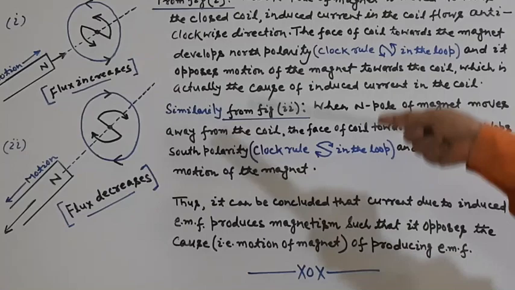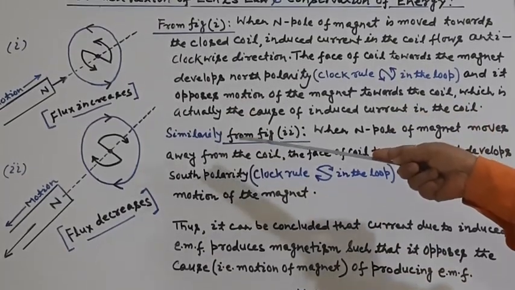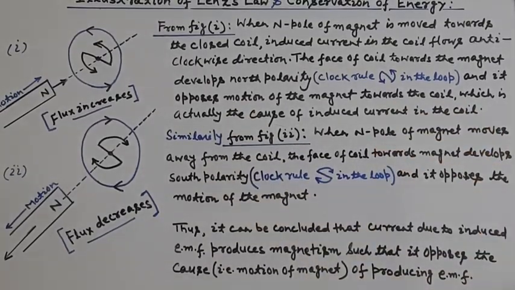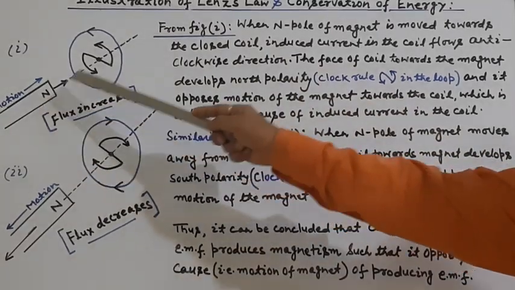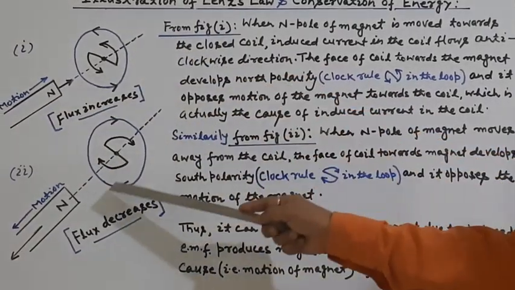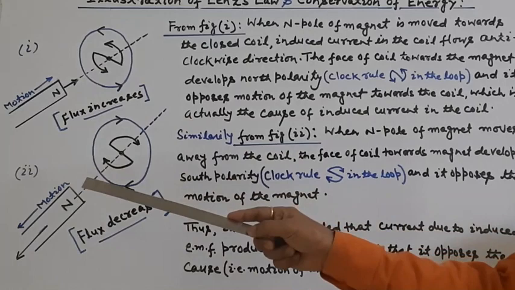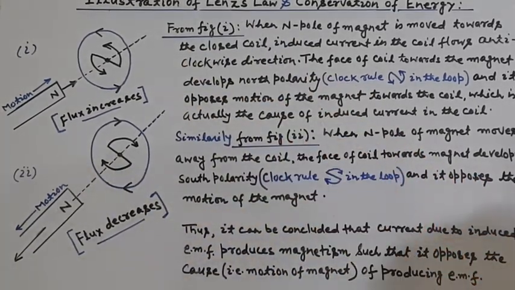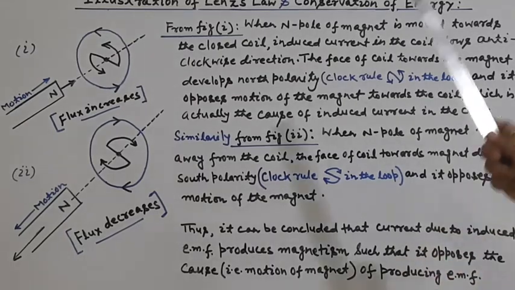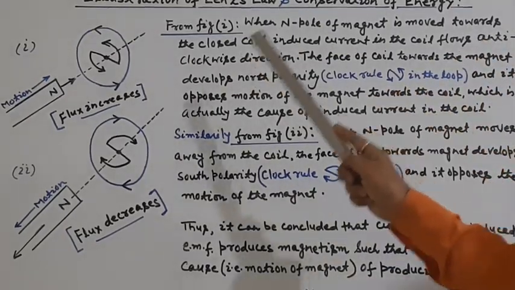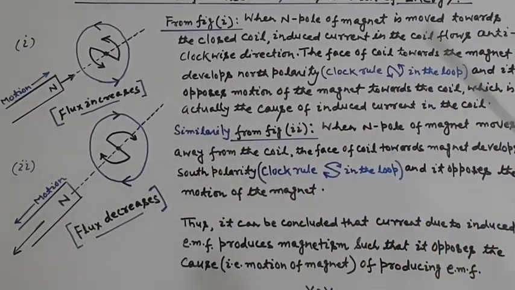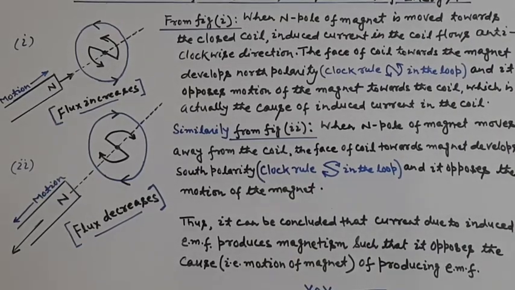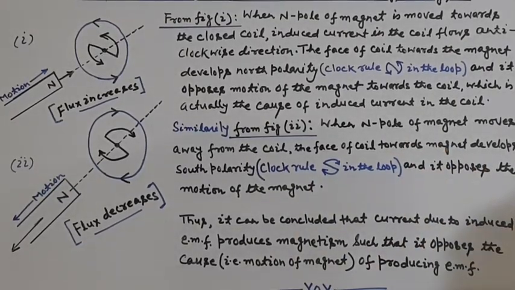With the help of these two figures, we can conclude that whether the north pole is moving towards the coil or away from the coil, or either pole, in both cases current is induced, and when the current is induced, the motion will be opposed. And this is your Lenz's law.